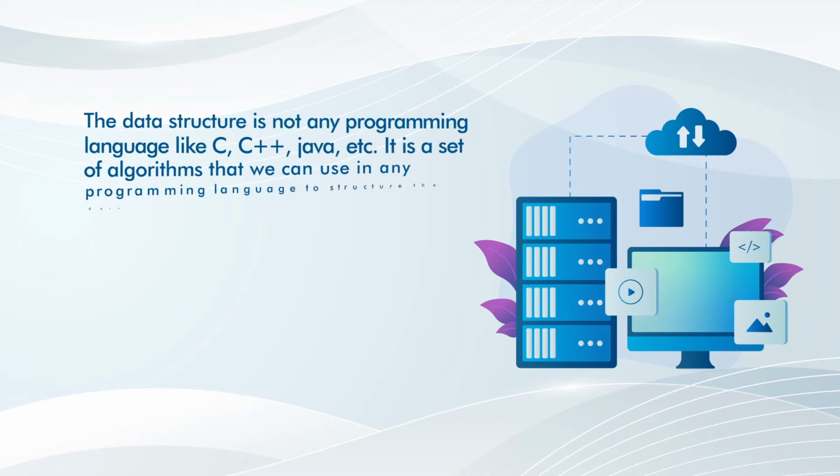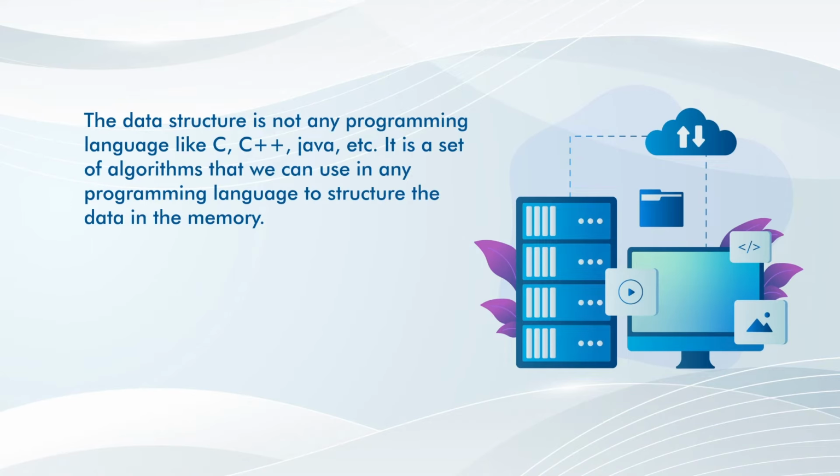Data structures are widely used in almost every aspect of computer science, that is, compiler design, operating systems, graphics, artificial intelligence, and many more. A data structure is not a programming language like C, C++, Java, etc. It is a set of algorithms that we can use in any programming language to structure the data in memory.